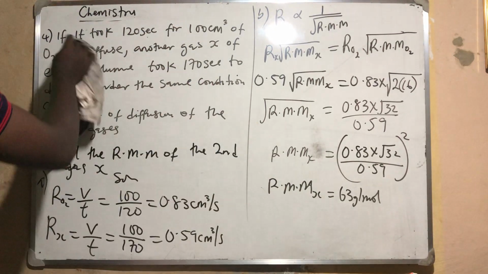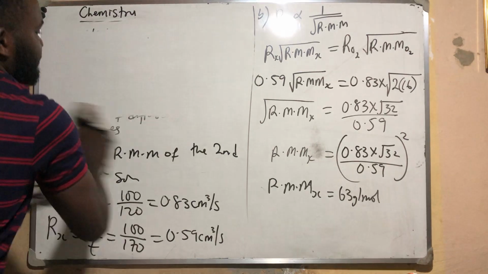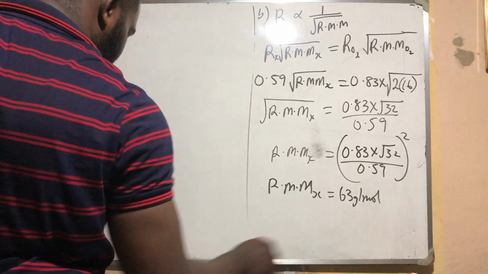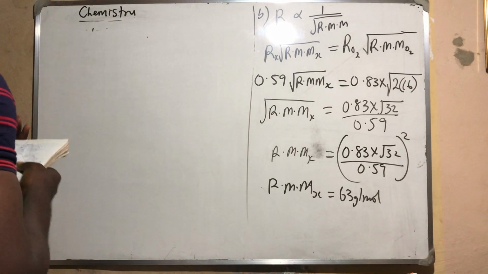The next question, question number 5, because you know that a square root crossing to the other side will become a square, so that is what we did there.